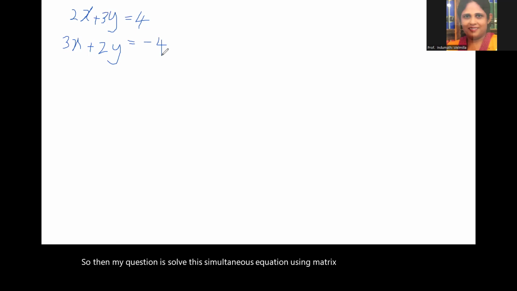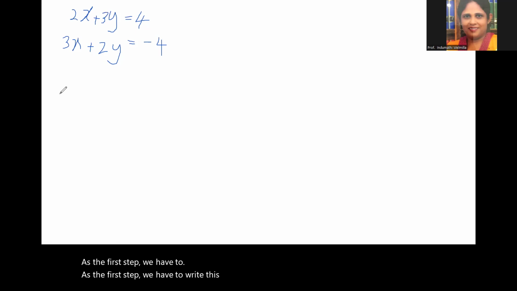As the first step, we have to multiply both sides with the inverse of A.